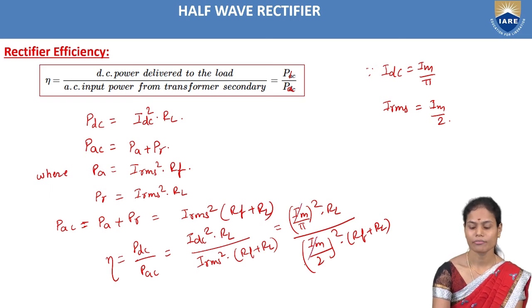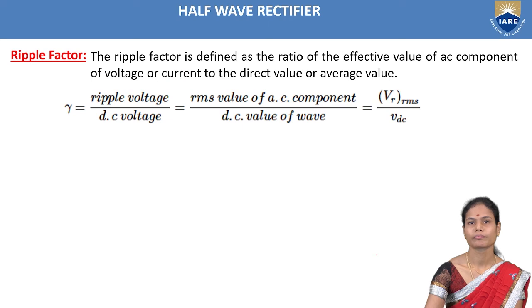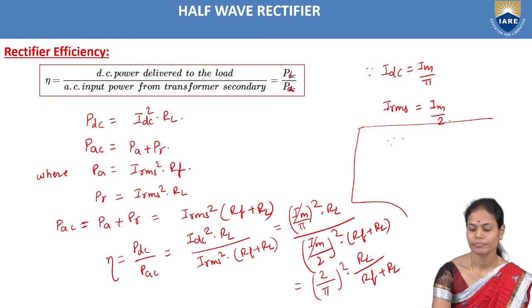So here Im will get cancelled. So we will be getting 2 by pi whole square into RL by RF plus RL. So in the denominator, the value of RL is far greater than RF.